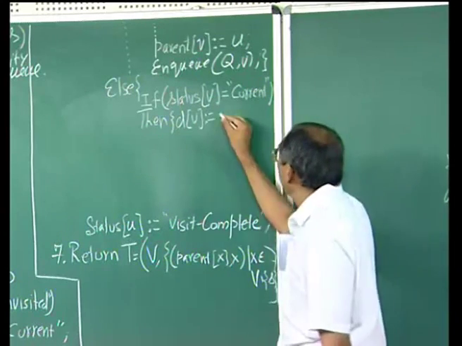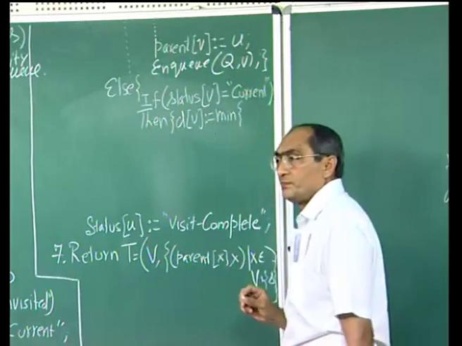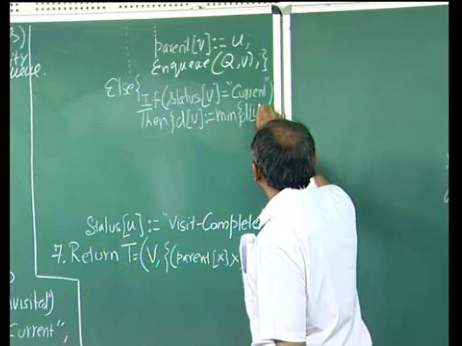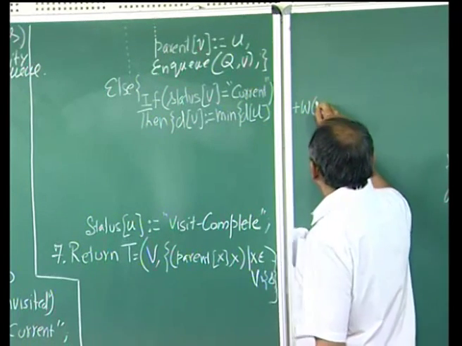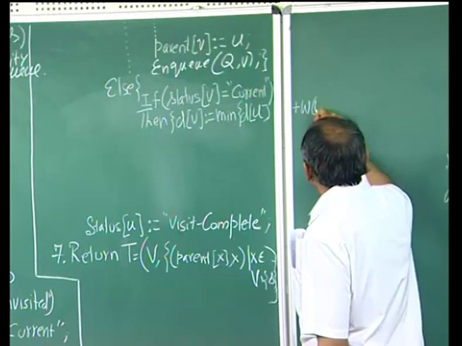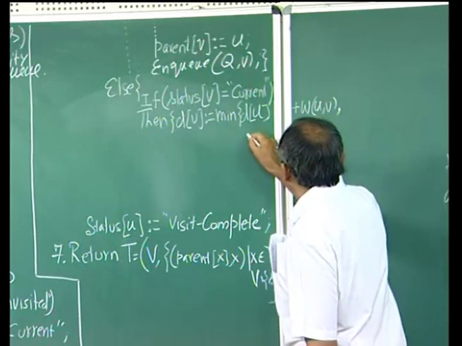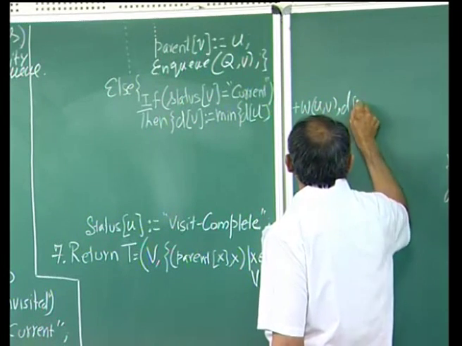So, we will set to the min of d of u plus w of uv, and the other possible value is the old d value. So, we will just set it to be there.